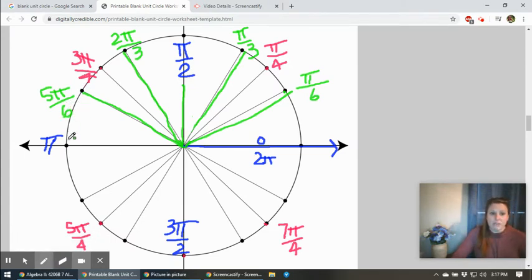And if we continue going around, this would be 6 sixths. So this would be 7 sixths for this point here. So 7 pi over 6. This would be 8 sixths, which reduces, I'm out of room, so I'll go here, to 4 pi over 3. 9 sixths reduces to 3 halves. 10 sixths reduces to 5 pi over 3.